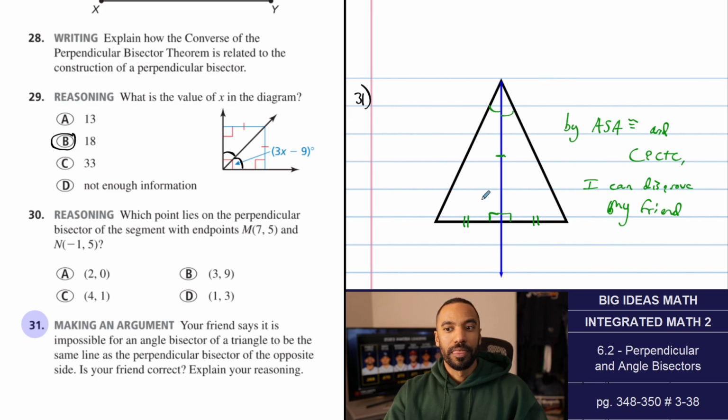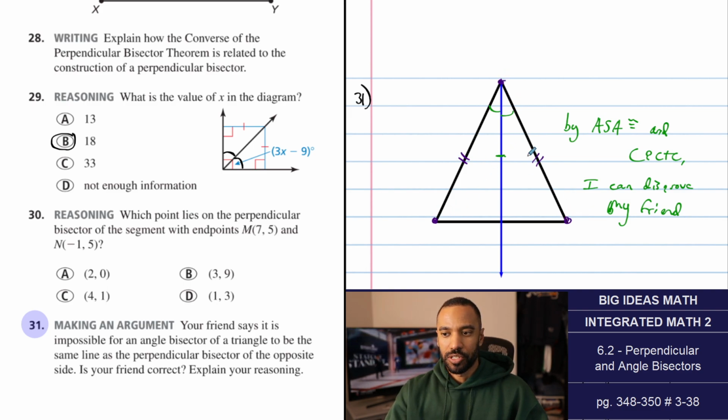Let's talk about, because this is the kind of triangle it would be, the isosceles triangle. In the isosceles triangle, this point is equidistant to these two endpoints like that. So here's the isosceles triangle. That would make that so.